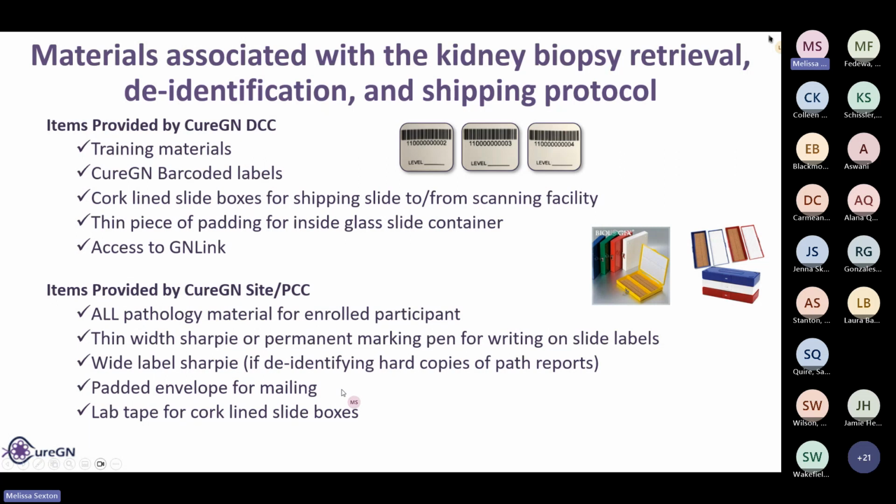If you've used those, then you can just get other padded envelopes for mailing. And then it is suggested that you use lab tape for the cork-lined slide boxes instead of just regular tape, which leaves a residue on the boxes. So MHL has requested that we use the lab tape instead.